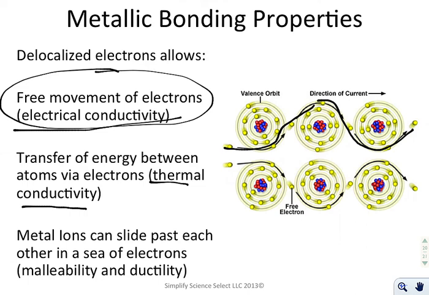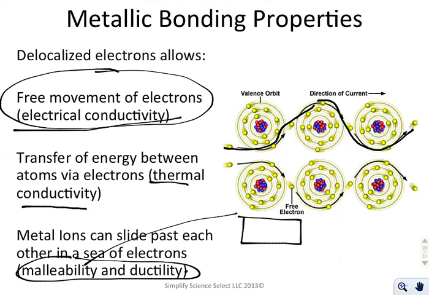They also tend to, because they can slide past each other real easily in terms of the protons moving about in the sea of electrons, it tends to be easy to reshape these metallically bonded atoms, and so that results in these things being both malleable and ductile. Now, remember, malleable means it can be pounded into very thin sheets, and ductile means it can be taken and drawn into very, very thin wires.